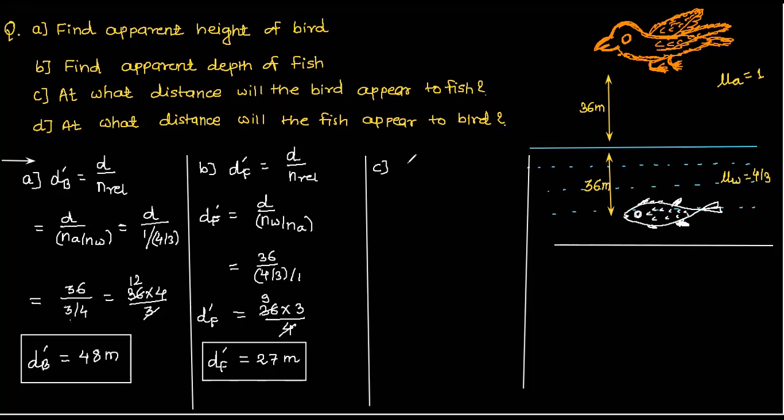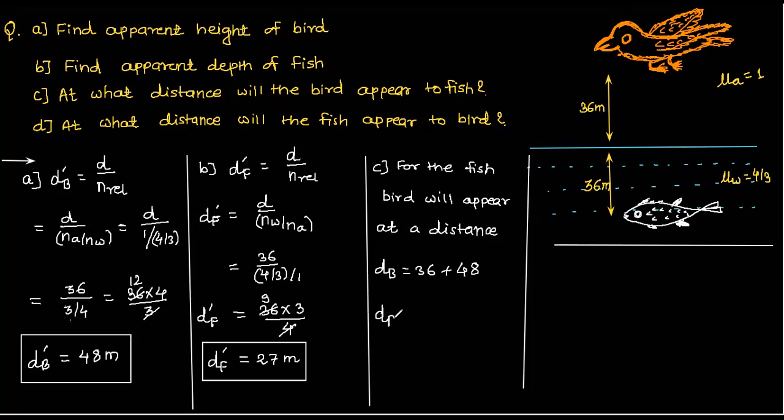So I am writing here: for the fish, the bird will appear at a distance, that is, distance of bird is equal to this 36 plus 48, because that is apparent for the fish.